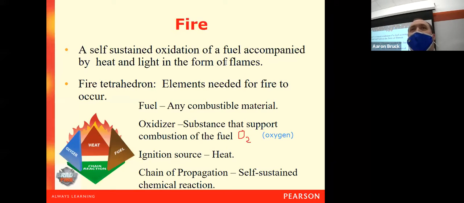And you've got a chain reaction where the heat of that lighting is enough to continue to vaporize the paraffin and continue the reaction. As soon as you cover it up, you cut off the supply of the oxidizer, and the reaction stops. Firefighting measures are all about taking away one of these dimensions or another, sometimes multiples of them.